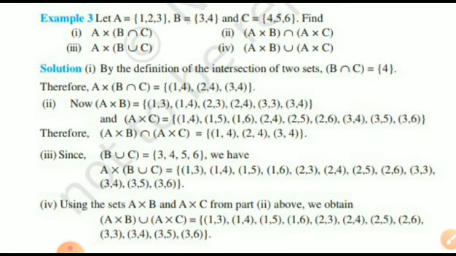So first list out the elements of A cross B and A cross C. Here it is not common, it is A cross B union A cross C. So the elements of A cross B as well as the elements of A cross C, and it will be what? Both. Okay, common to both. Is this clear?